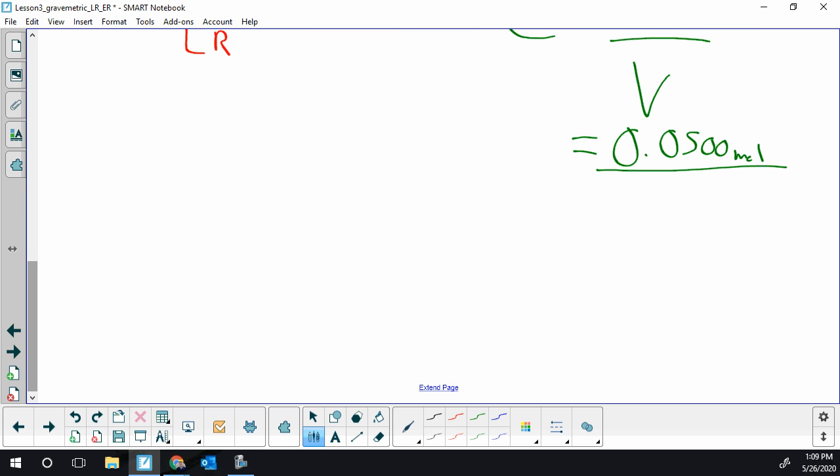There's 1,000 milliliters in a liter. And this will give us our amount concentration. And that's our concentration of our salt.